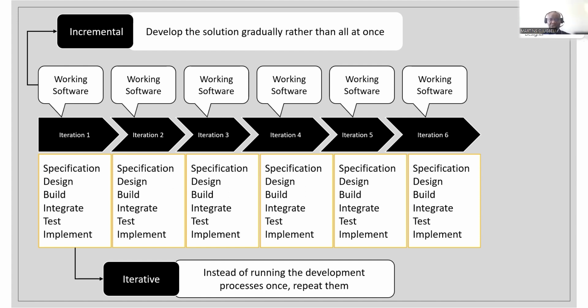You come out with a working solution. If it meets the customer's needs, it is deployed. If it doesn't, the second iteration gives room for corrections to be made, like that, until you get to the last iteration.